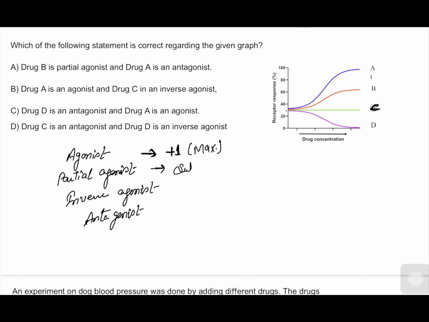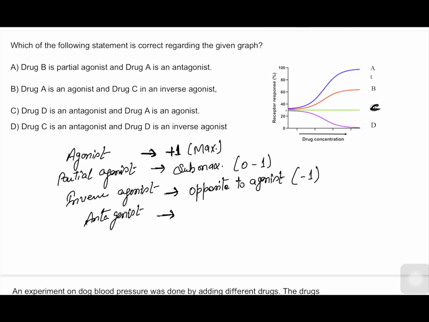Partial agonist means they will produce a sub-maximal effect, so their intrinsic activity is between 0 and 1. Inverse agonist means they will produce an action opposite to the agonist, so they will produce -1 activity.